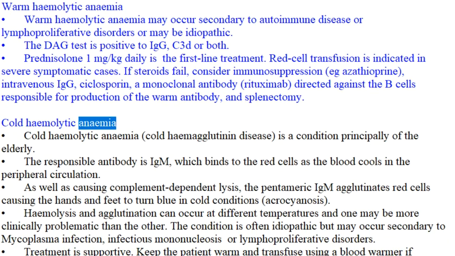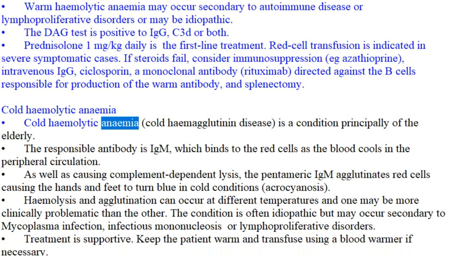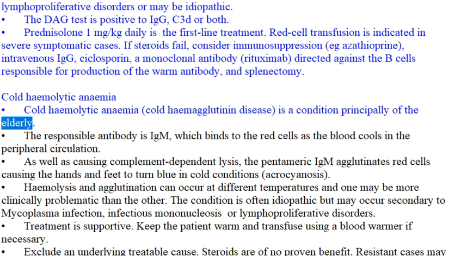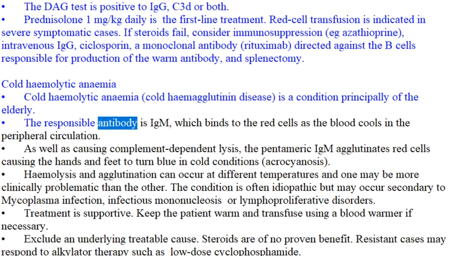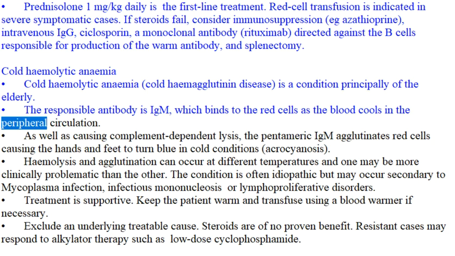Cold hemolytic anemia. Cold hemolytic anemia, cold hemagglutinin disease, is a condition principally of the elderly. The responsible antibody is IgM, which binds to the red cells as the blood cools in the peripheral circulation.